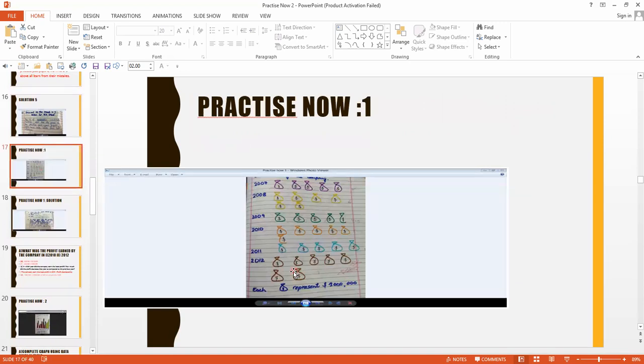Again, this one is a pictogram. The pictogram is given here, and according to it, they have given the profit earned by a company. Look at this icon, each icon shows $100,000.